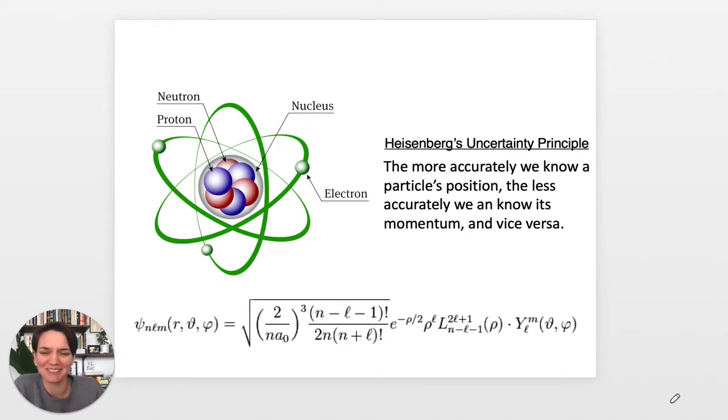That's Schrodinger's equation. Okay. So Schrodinger's equation is looking at the probability of an electron's location in orbit around a nucleus.